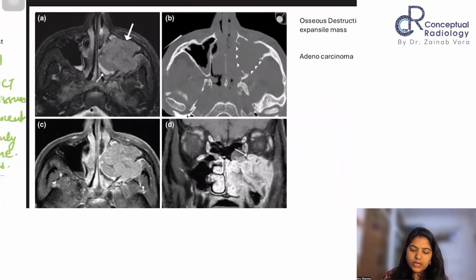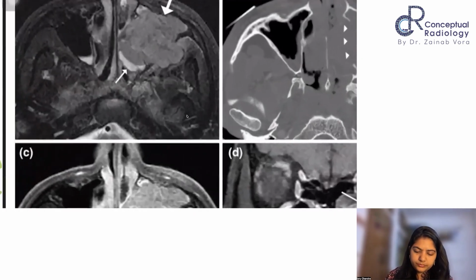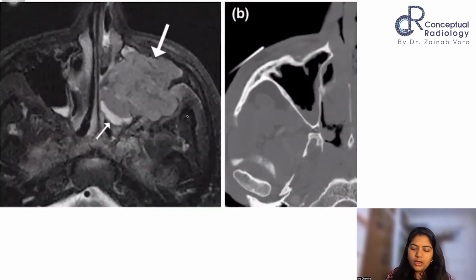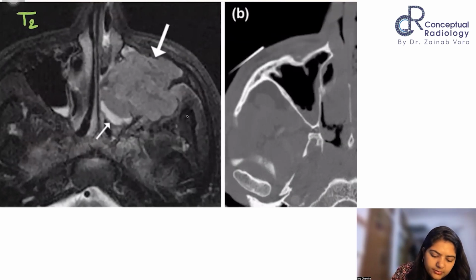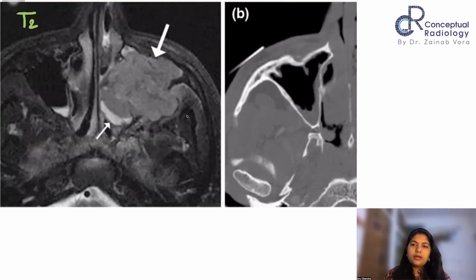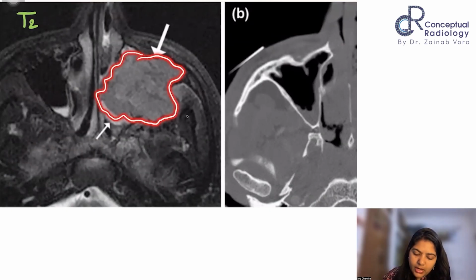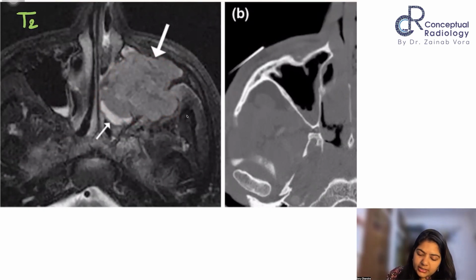Now, let us look at this. Okay. So, first of all, I will tell you that this is the T2 sequence. Next, we are able to see that there is this round, lobulated, irregular kind of mass. Note that it is not limited to the sinus now. Firstly, you cannot appreciate the walls here.